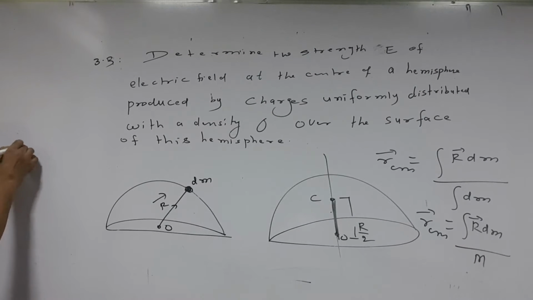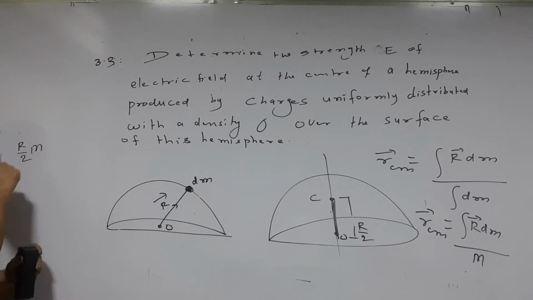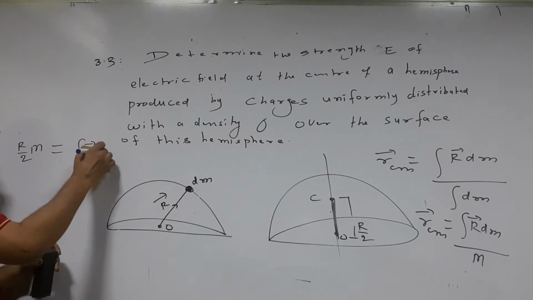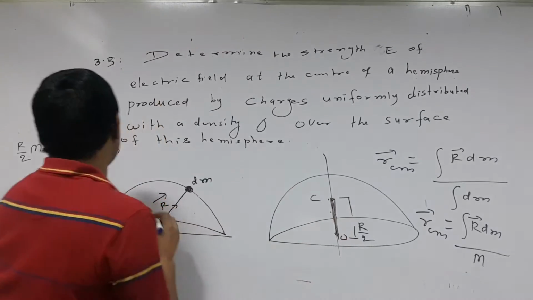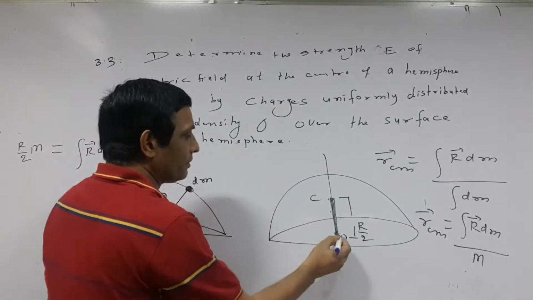So we can write R by 2 M is equal to integration r dm. In this direction, if you consider the vector, this vector will come in this direction.